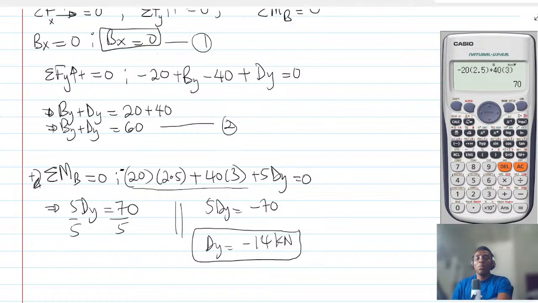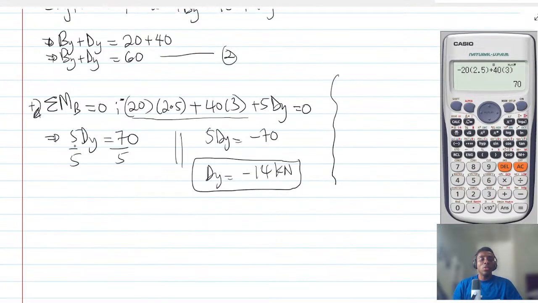And then let's solve for the, okay, so let's send it back. Send dy equals minus 14 here. So by plus dy is what? 60. But what do you know?